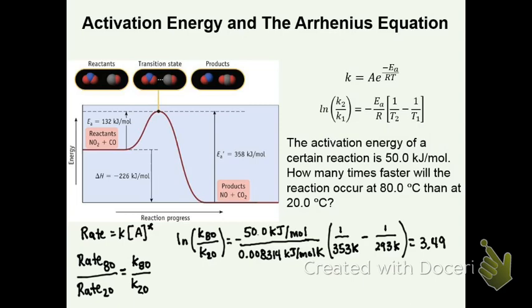And so to solve for the rate constant at 80 over 20, we just take e to the 3.49, which comes out to 32.7. And so that means that at 80 degrees, the reaction occurs about 33 times faster than it does at 20 degrees.